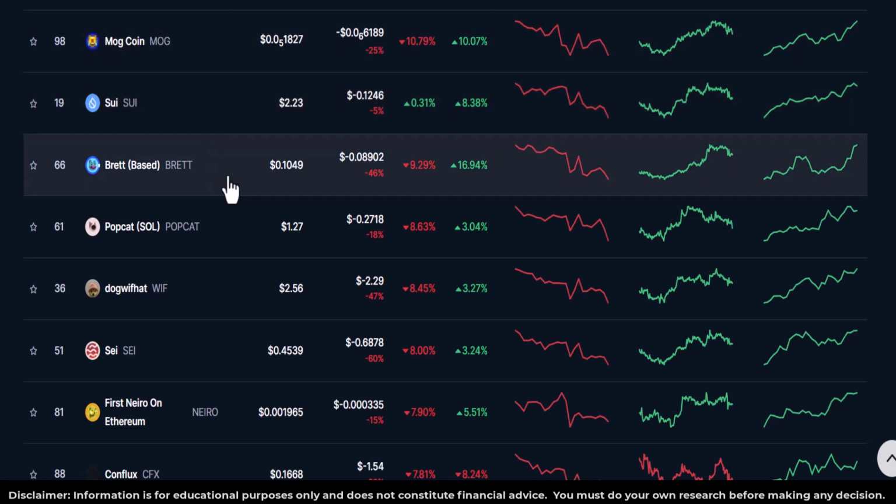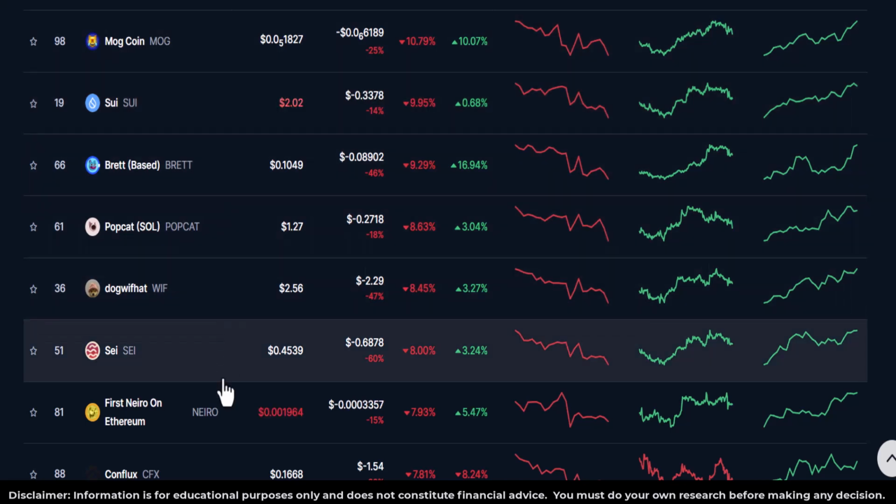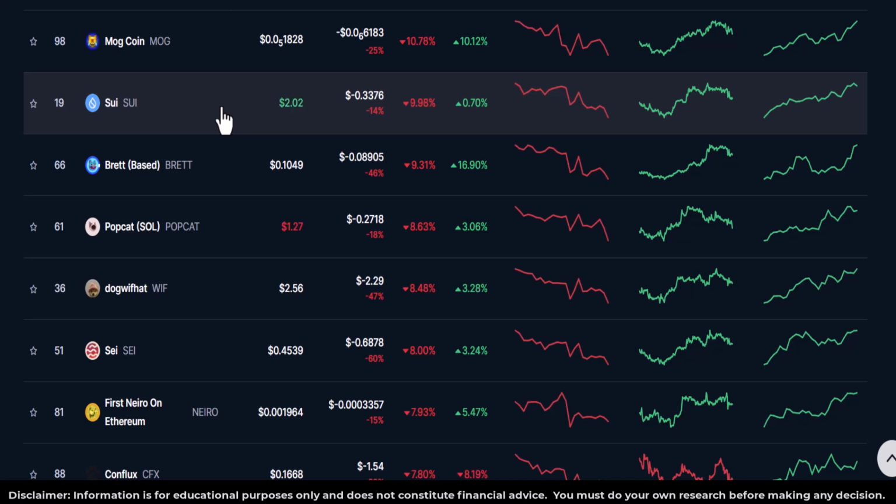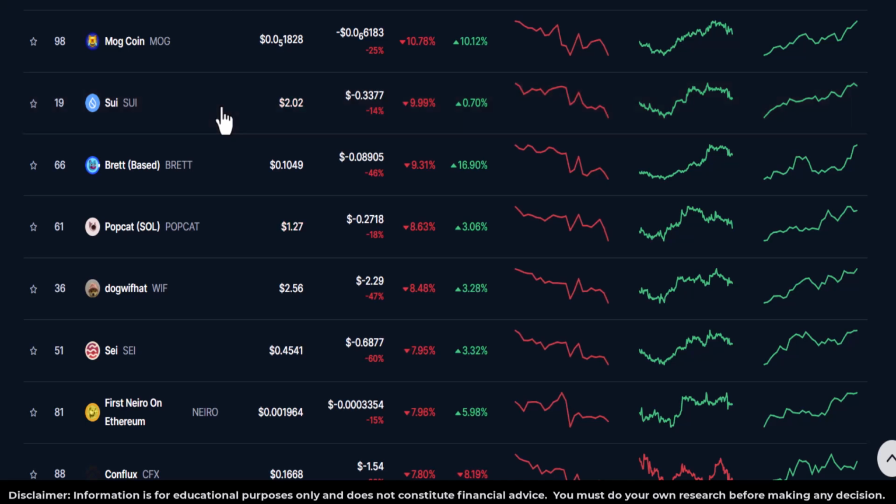Look at MOG, Brett, Popcat with SEI, Nero, and Conflux, and SUI's come back into alignment. Hopefully what you're noticing here, the meme coins were rampaging recently and it's changed across to the Filecoin ecosystem. So distributed storage, okay, keep that one in mind.